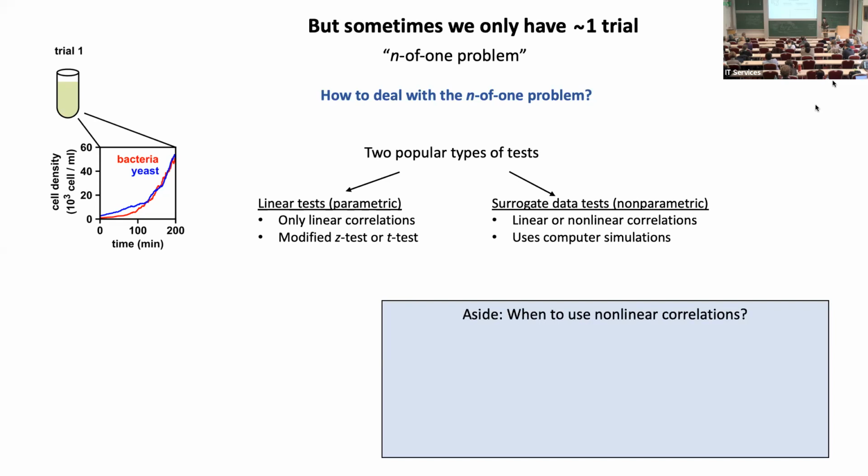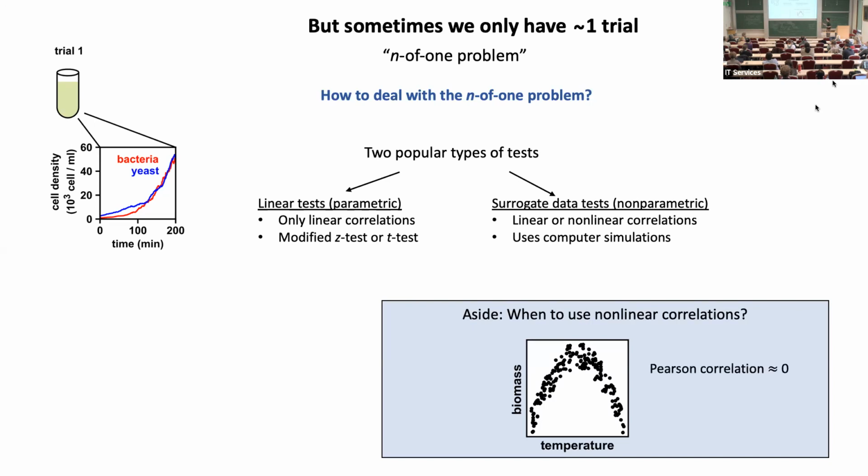By the way, just as a quick aside, when might we want to use nonlinear correlations? Well, we've seen a couple of relationships throughout the past week where something goes up and then comes down. The Pearson correlation, this linear correlation, won't have an easy time seeing this. It'll be close to 0. If we use a measure of nonlinear correlation, such as mutual information, it will reproducibly be greater than 0.